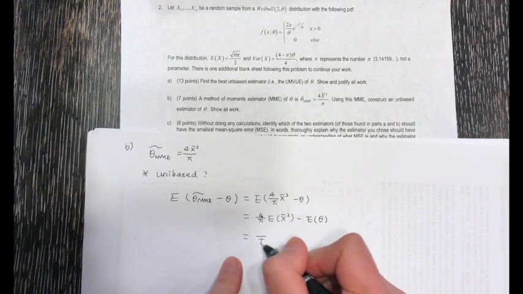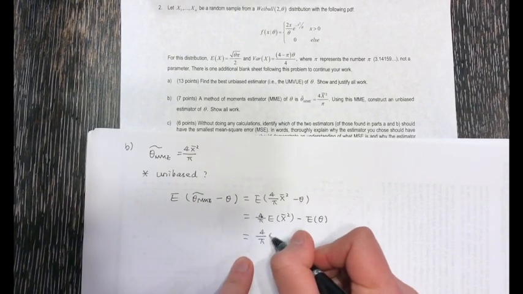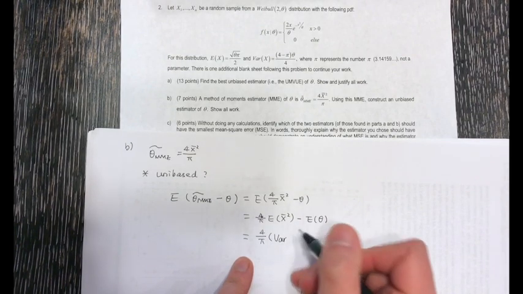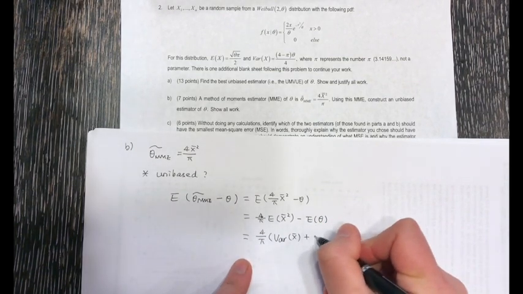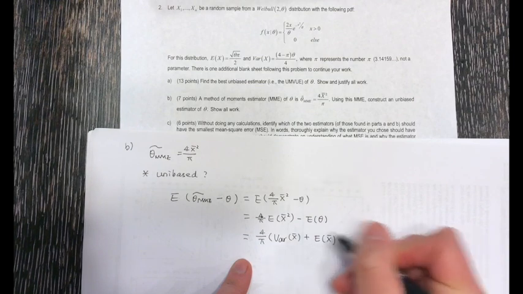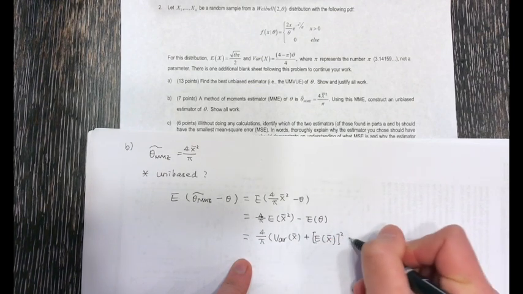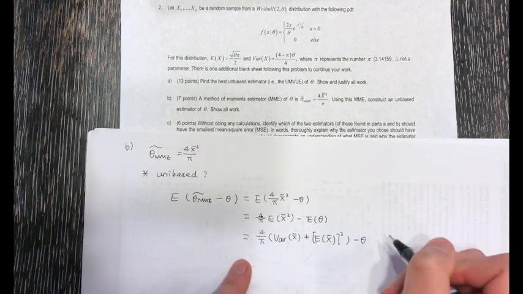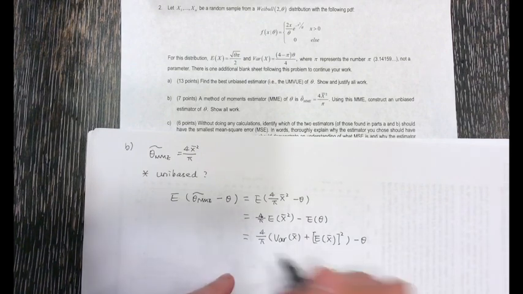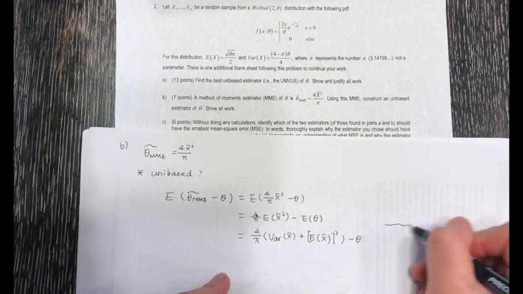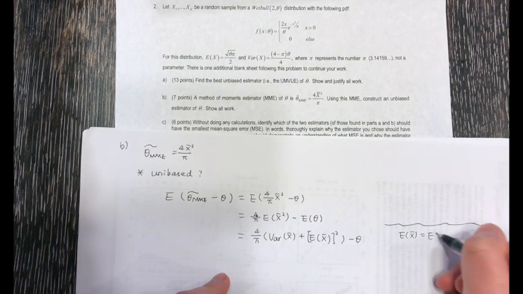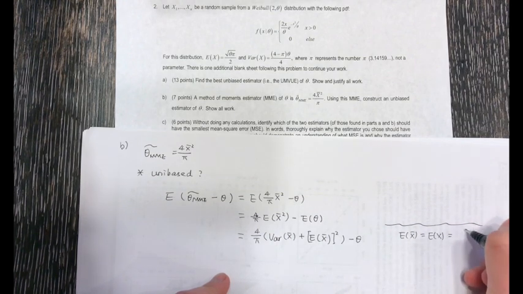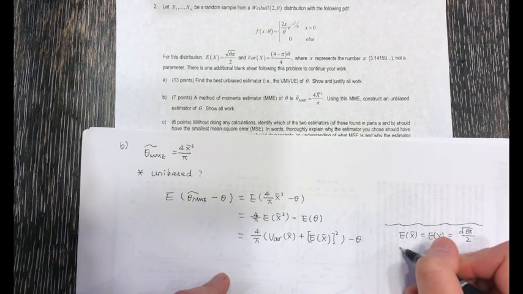And here the expectation of X bar squared will equal the variance of X bar plus the square of the expectation of X bar, minus theta. And some information we know from before is the expectation of X bar equals the expectation of X, which is equal to square root of theta pi divided by 2 in this case.